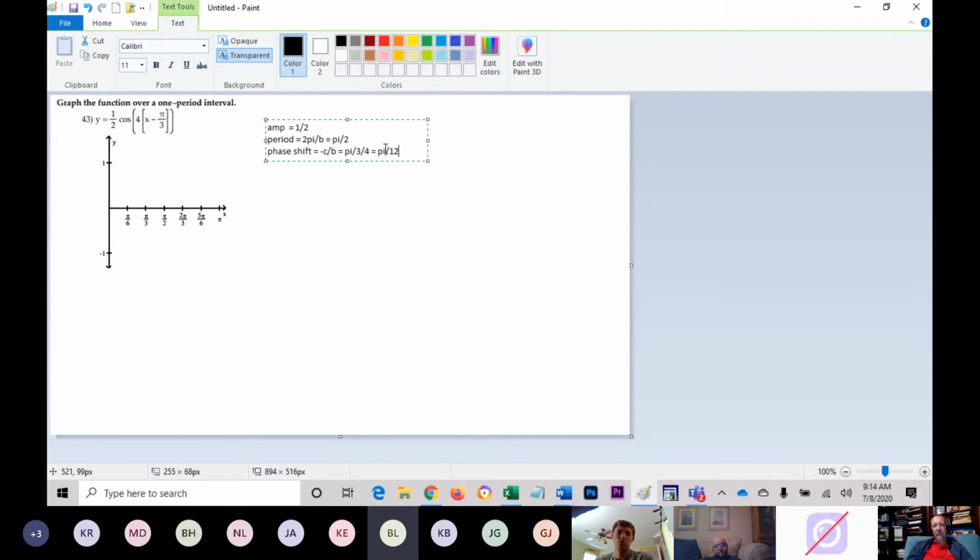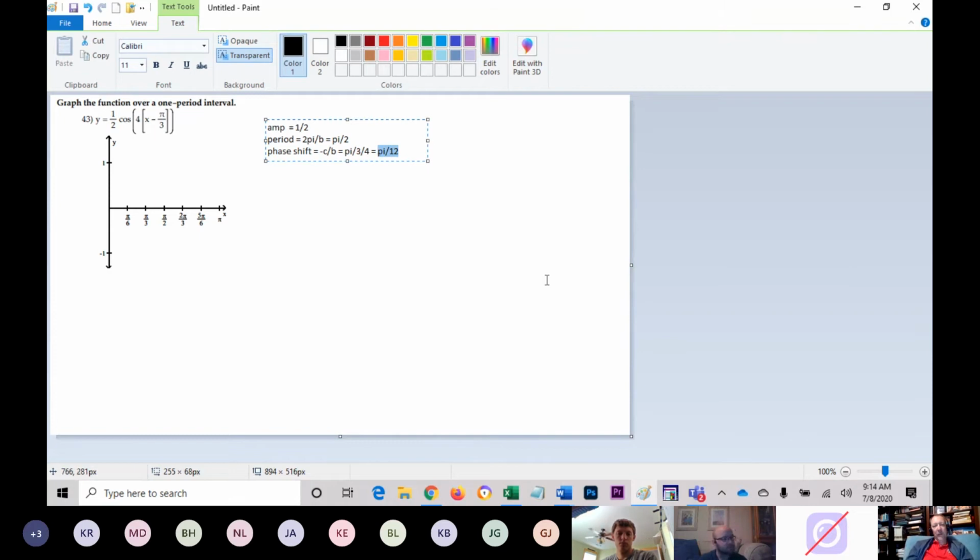Negative 4 pi thirds over 4, I believe. Well, negative 4 pi thirds over 4 is going to be the same thing. It would be the exact same thing. Yeah. Pi twelfths. This is right.